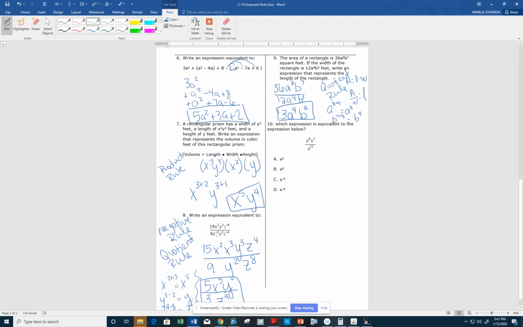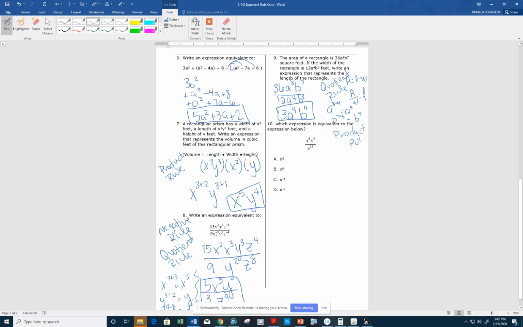And for the last one, I have this expression that I need to simplify. If I look at my answer choices, I do have a couple of negative exponents, so we might not have to change it. If we do end up with a negative exponent, we'll have it there. So x to the 6th, x to the 5th, this is going to be a product rule.